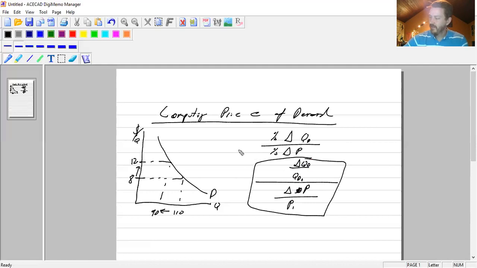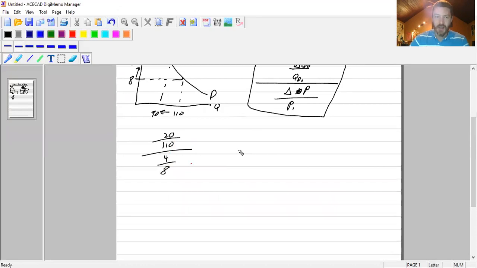That's just how you calculate percent change: the change relative to the initial value for each of those items. So the change in quantity demanded is 20 relative to the initial value of 110, and the change in price was 4 relative to the initial value of 8.